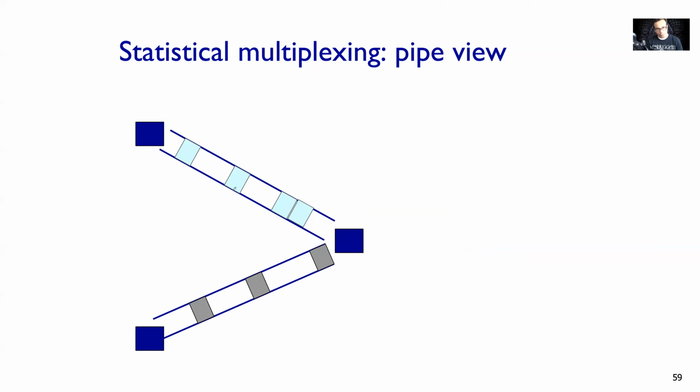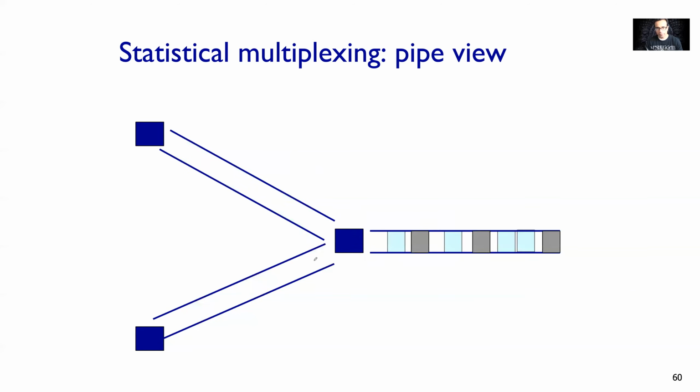So imagine you have two incoming links, and traffic from both these links is going out on a single outgoing link. Here we have a packet switch, and these blocks indicate the actual packets as they arrive. Initially there's only one packet coming in at this first instance, so this packet can go through, no problems.